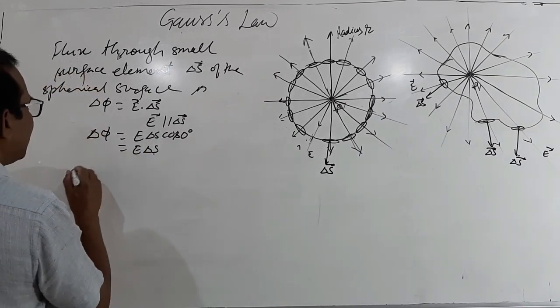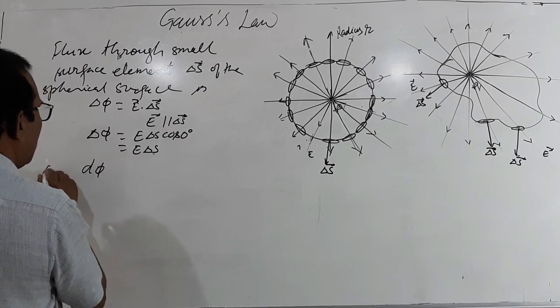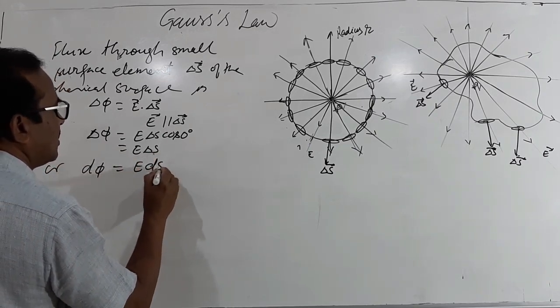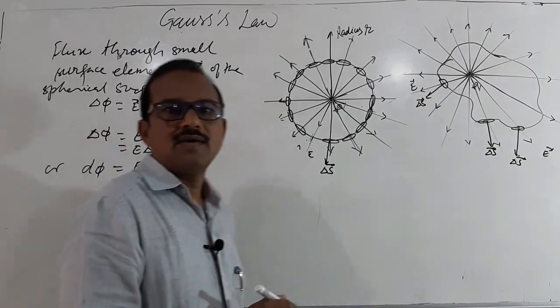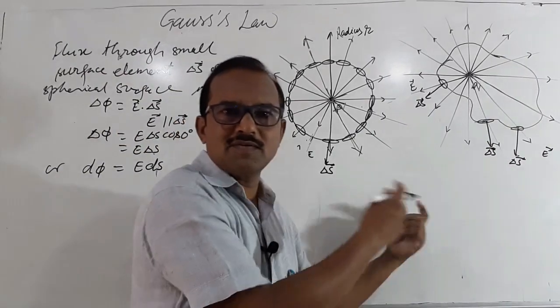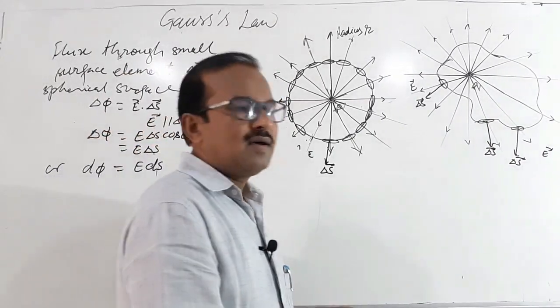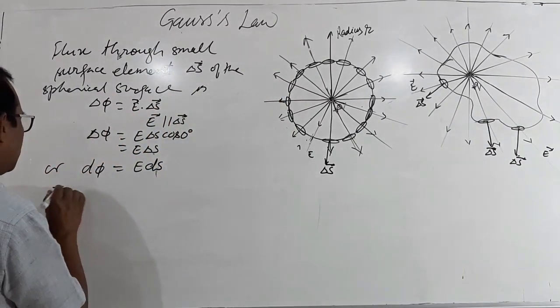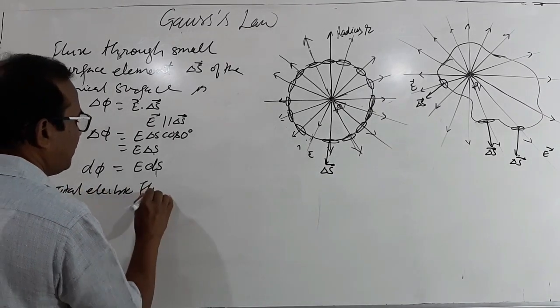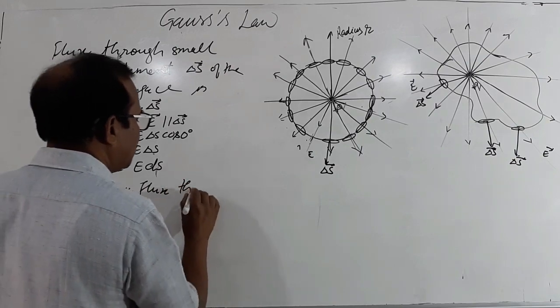So the same thing can be written like this: d phi equals E dot ds. So for the total flux, we have to sum over this flux. How much is the total electric flux through the surface?